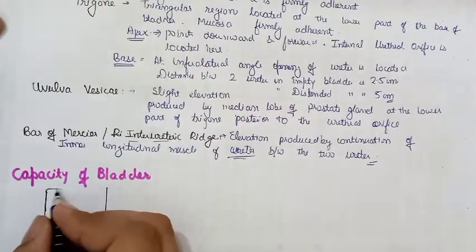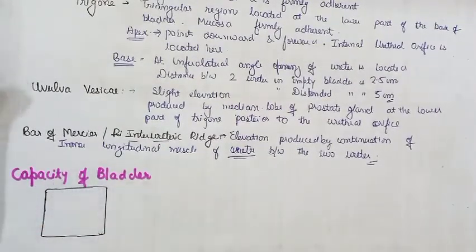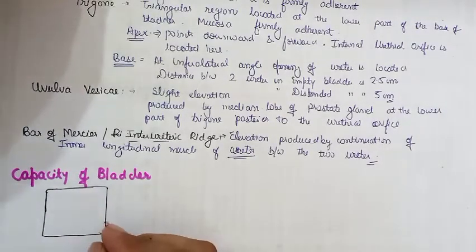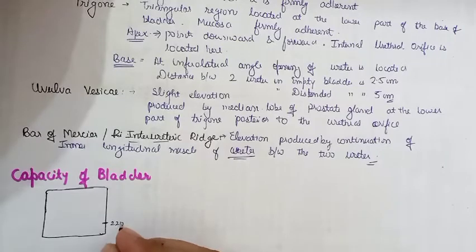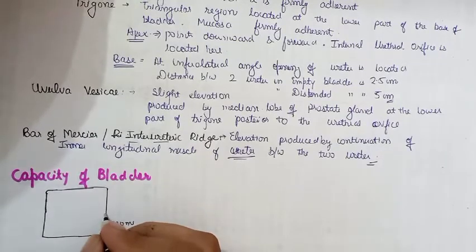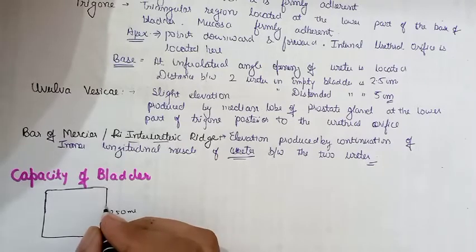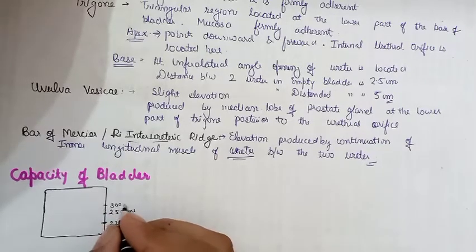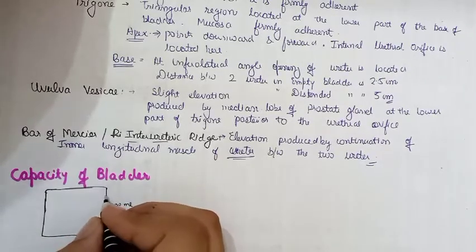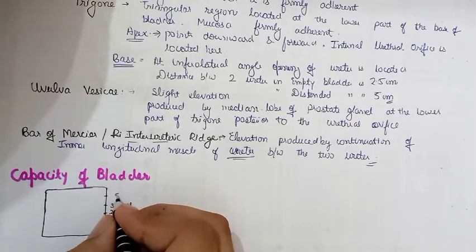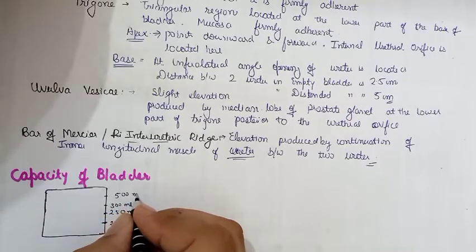Suppose this tank is the bladder with certain markings. The first marking is at 220 ml, the next one is at 250 ml, next is at 300 ml, next is at 500 ml.